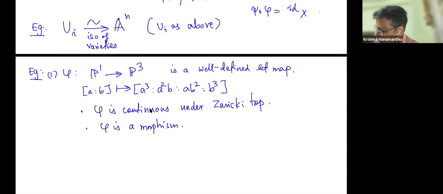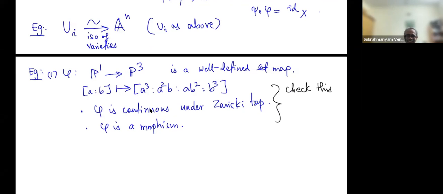You are basically going to substitute, if it was written as x0, x1, x2, x3, you're going to substitute x0 by a cubed, x1 by a squared b, and so on, and then take the ratios and finally show it. That's precisely it. So if you take a ratio of polynomials like this, by following Upendra's practice, I'll just say check this. You have to check this, but as KV said, the basic idea is this.